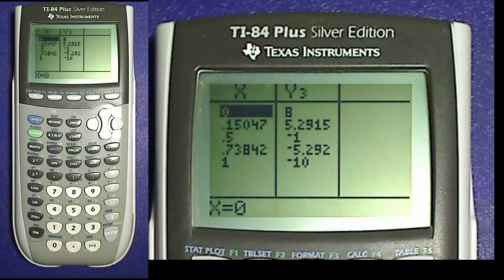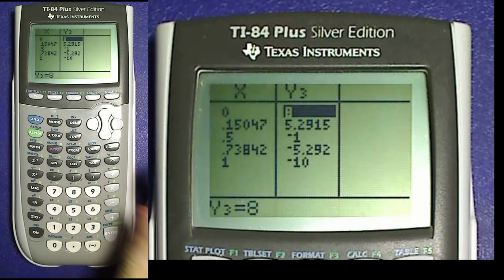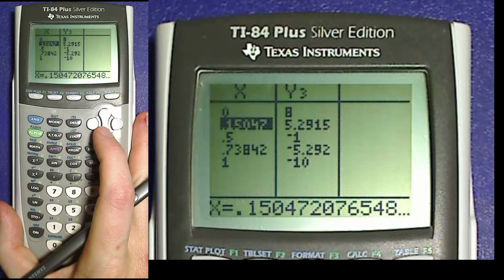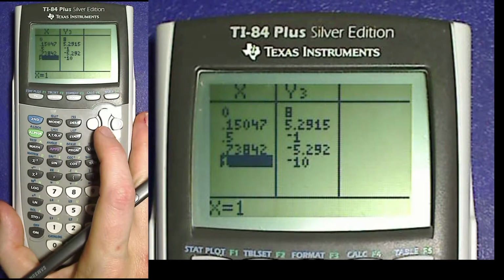Now when I go to the table, you can see that my x values from previous calculations are still there. And as a matter of fact, the 0 that I wanted to test is already there. This says that f double prime of 0 is 8. This is C1. We don't really need that. This is the other number I wanted to test.